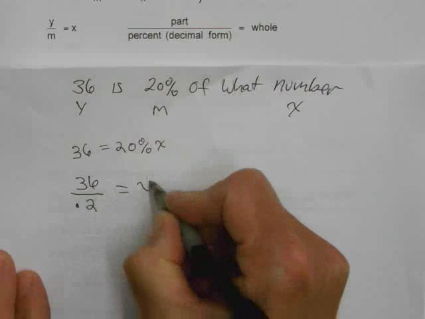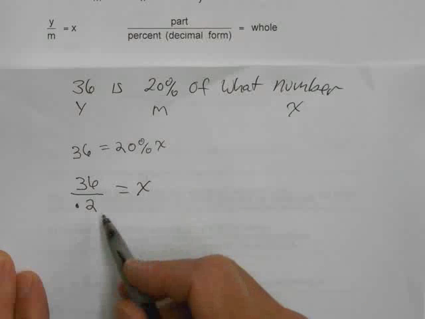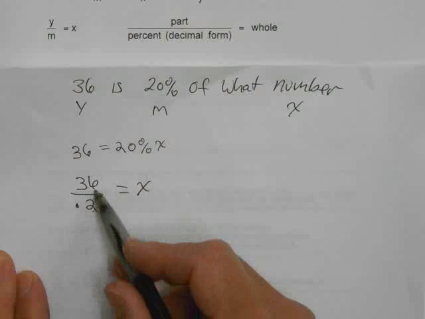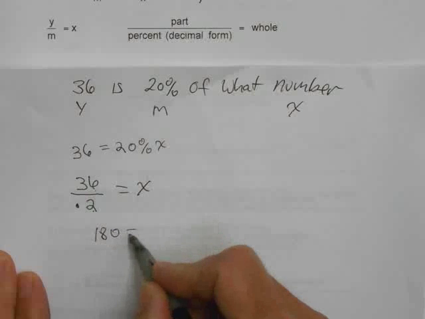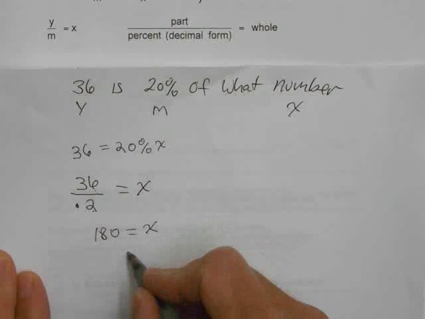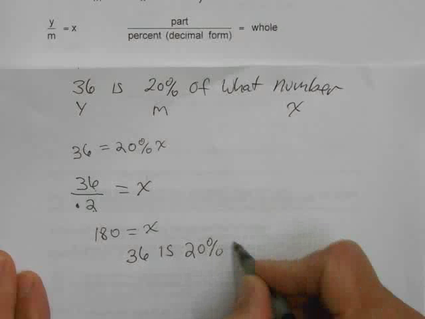And if we do this correctly and we get our division straight, we'll find out that the answer to this is 180, which makes sense. How many 0.2s are going to fit into 36? Quite a few. 180 equals x. So 36 is 20% of 180.